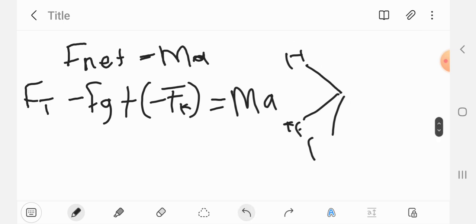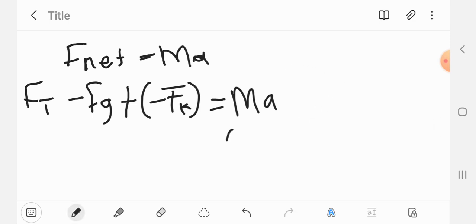Okay, hence we have what we have there. So this will be the formula. You punch in everything you have in this instance.